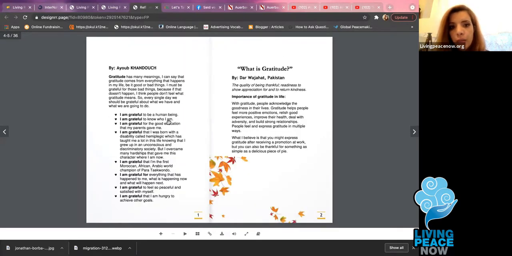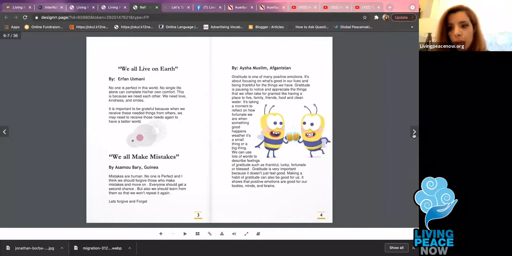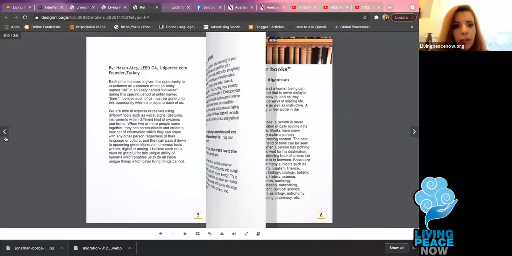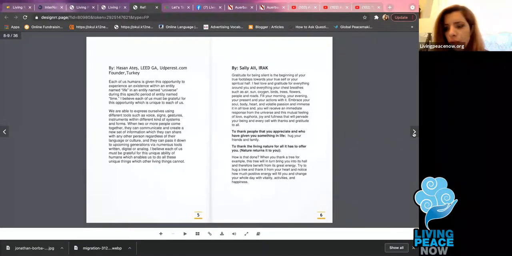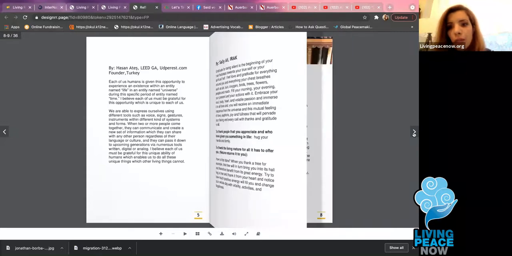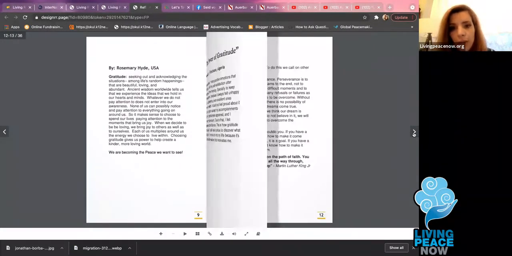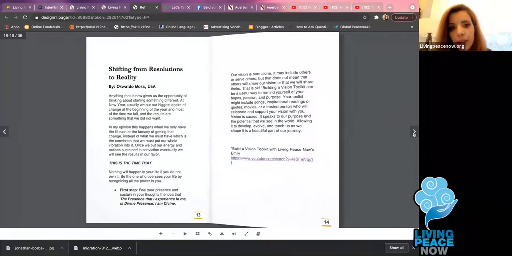Then as you flip up, you will find and enjoy reading the paragraphs. This one was about gratitude, and as you see, there are people from different parts of the world, from Iraq, from Turkey, from Canada, from Afghanistan, members at LPNO, as you know, from Algeria, from Spain, as it has an international aspect.